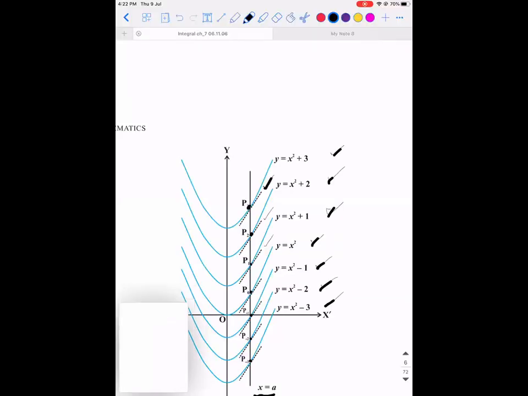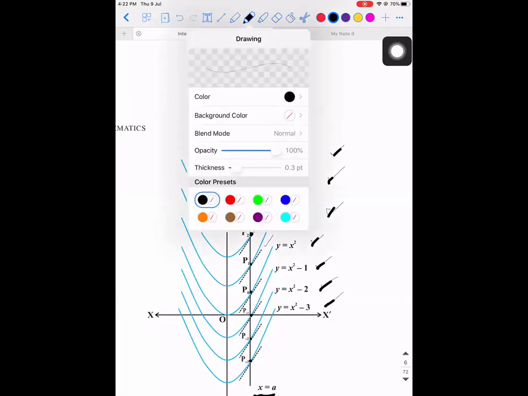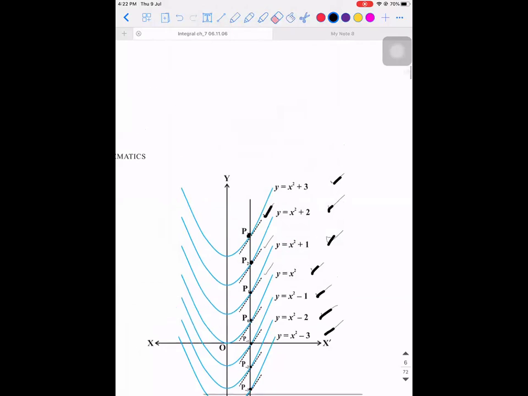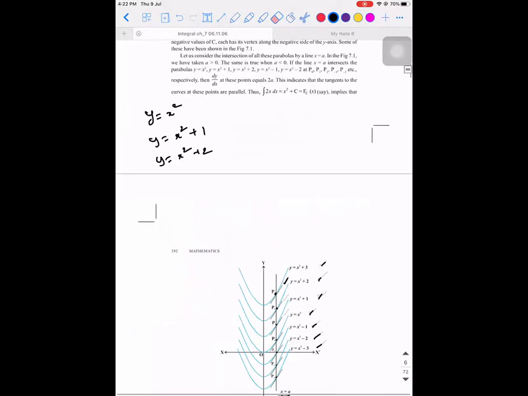So, one minute. Now try to understand. If I take the curves like this, for this dy by dx is 2x. Now if I do the reverse process, meaning integration, dy is equal to 2x dx.